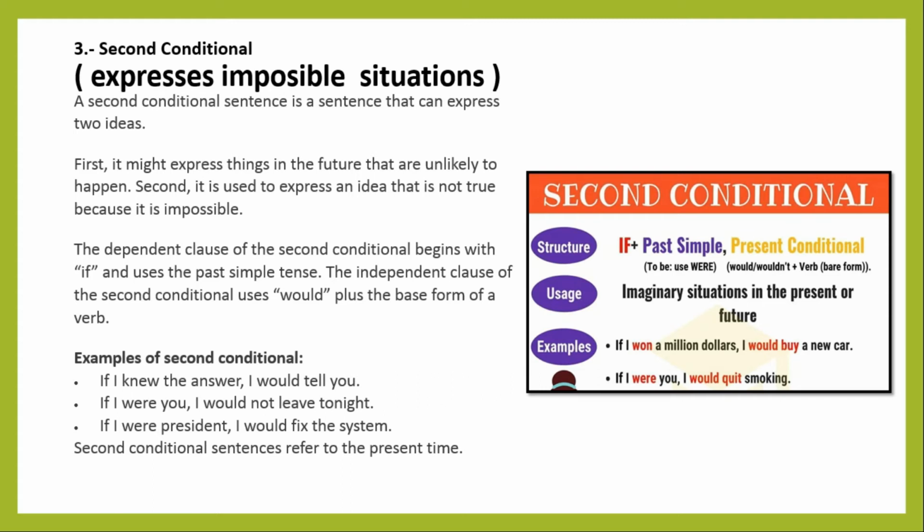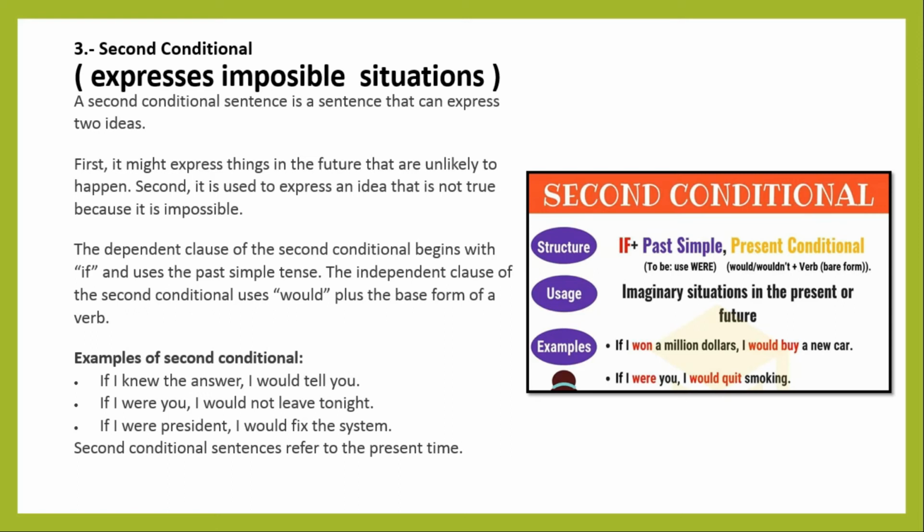We are never going to change positions. At least, I don't know, maybe future machines get invented so we can change personalities, but I don't think that it's going to happen. So if I were you, it's impossible to happen. It's unlikely to happen. That's why it's a second conditional.